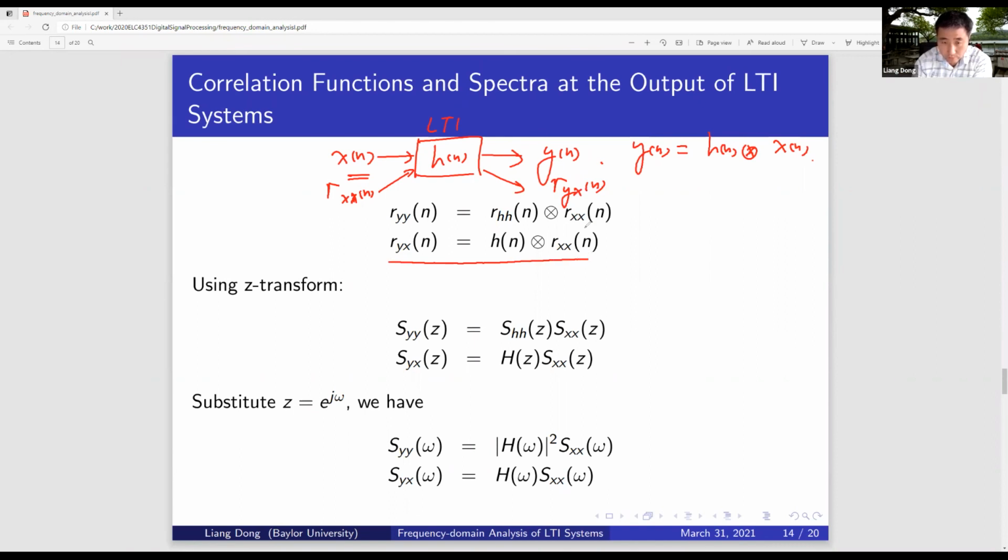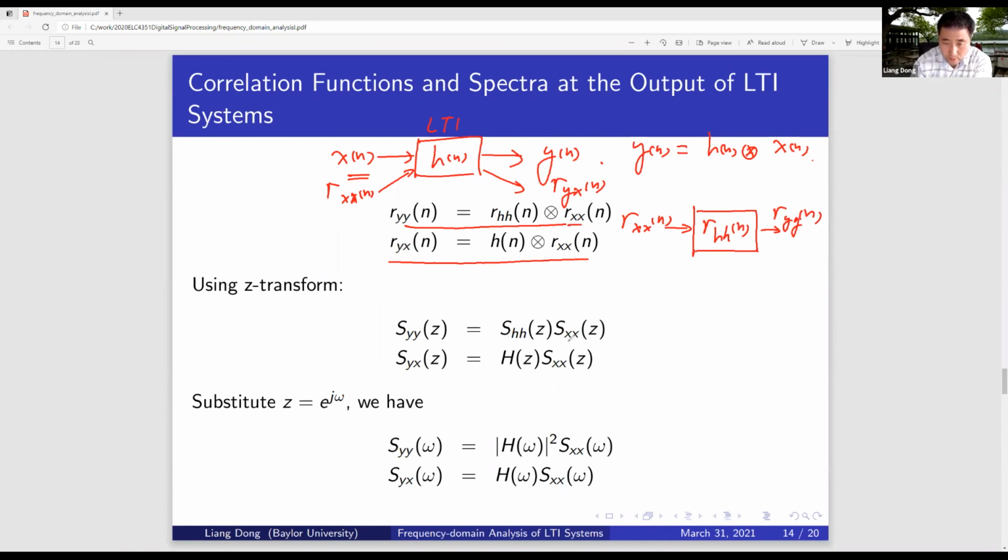That's also a convolution. Now, if my system is also represented by the autocorrelation of h, then if the input is the autocorrelation of the signal x, the output is the autocorrelation of the original output signal y, so R_yy[n]. That's the first line we have here. Using the Z transform, convolution becomes a product.